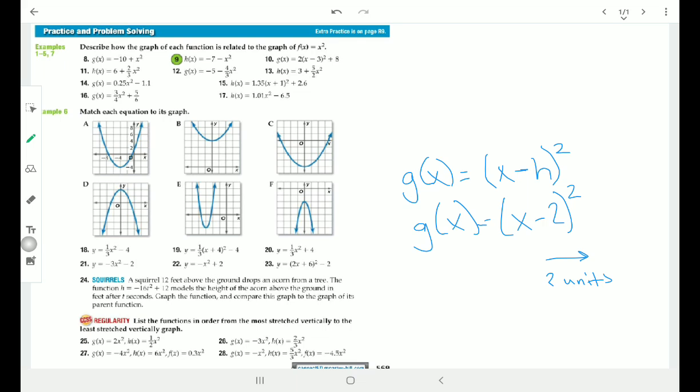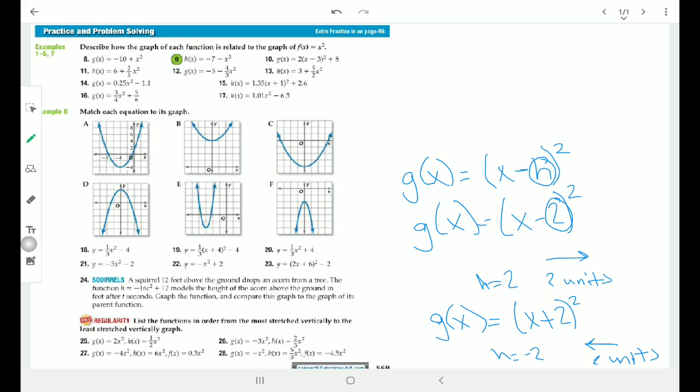Right? If this minus is still here, essentially, if h is positive, in this case h is 2, it's going to go right 2 units. Whereas if I have g of x equals x plus 2 squared, well, now think about it, h has to be negative 2, so it's going to go left 2 units.